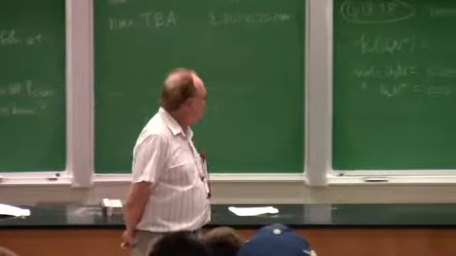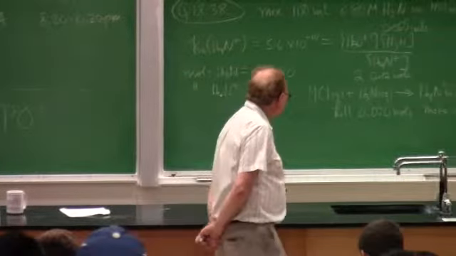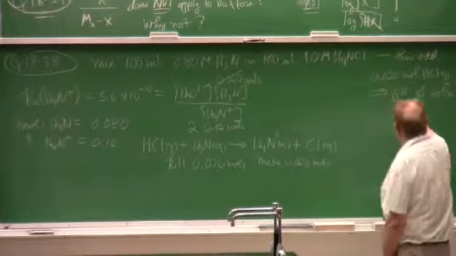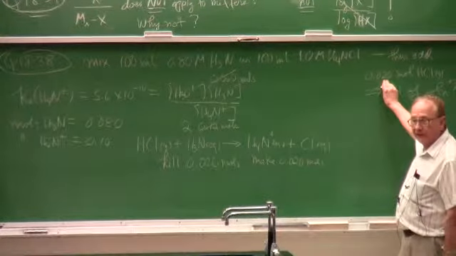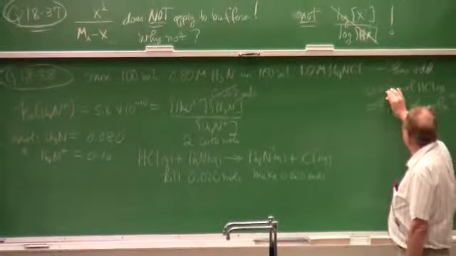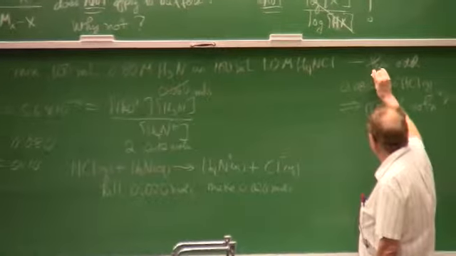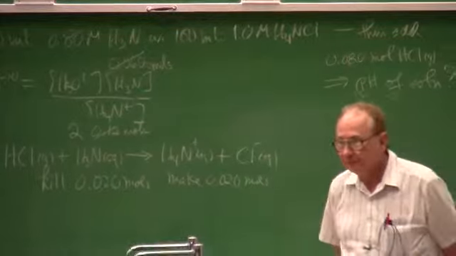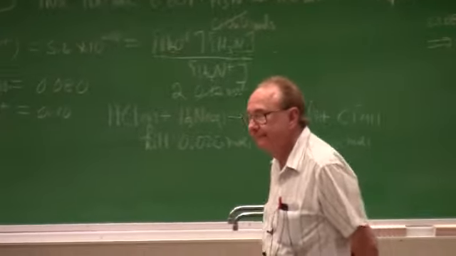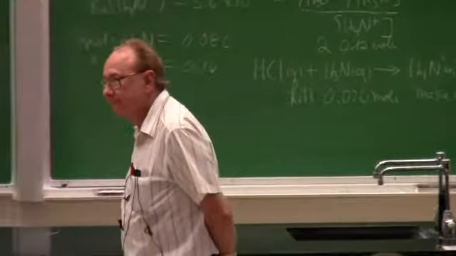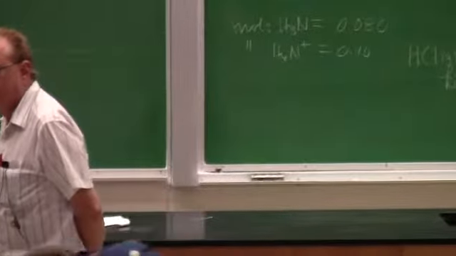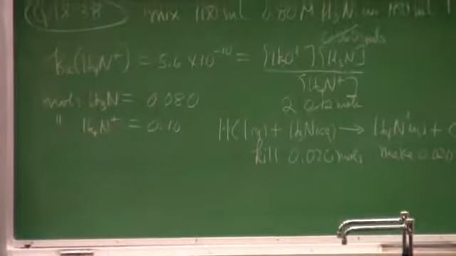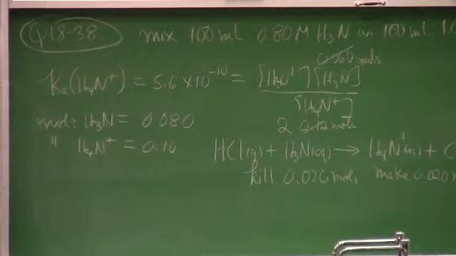What would happen to this system if I added not 0.020 moles of HCl, I add 0.080 moles of HCl? Would I now have clobbered all the ammonia originally present?